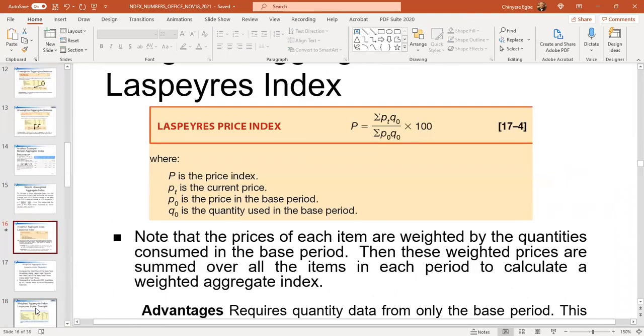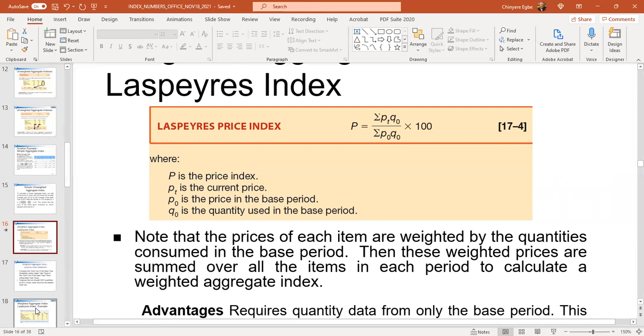Now, we get to more complex ways of doing index numbers. Okay, this is a little bit more complex. For example, we have what you call Laspeyres index. We have the Paasche index. We have a Fisher's ideal index. So let's begin with Laspeyres index.